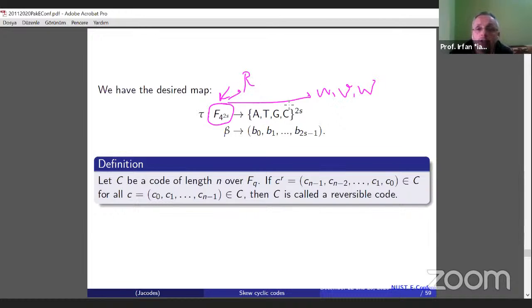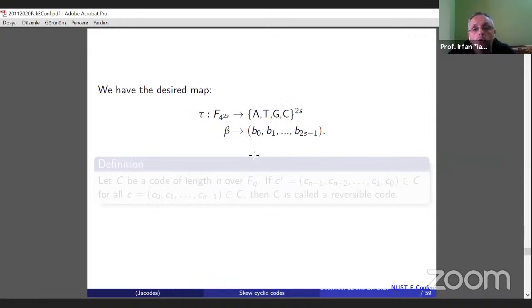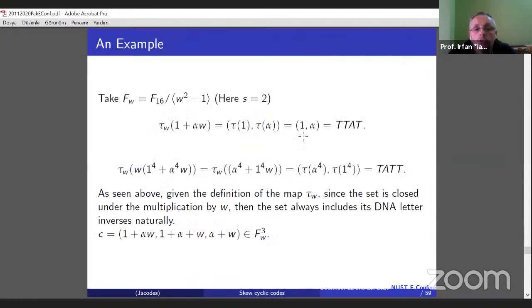So we first make sure that we have a map taking these field elements, or two s-tuples here, to the DNA alphabet. So again we go back to the table and use this one.